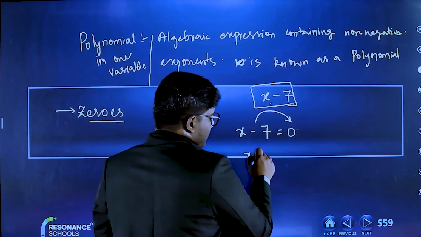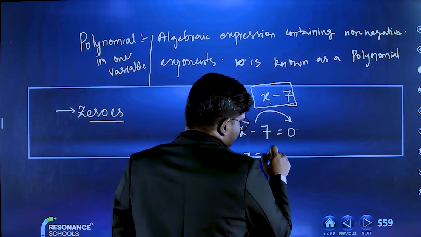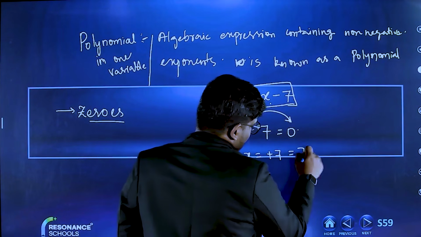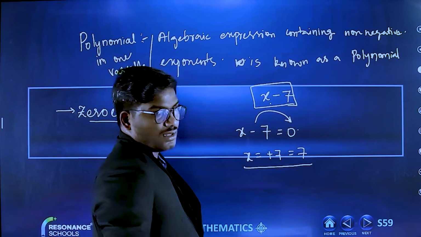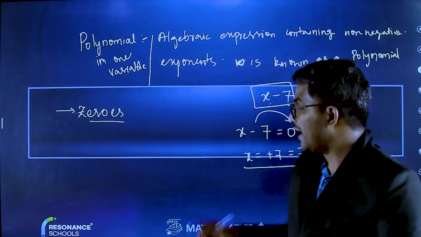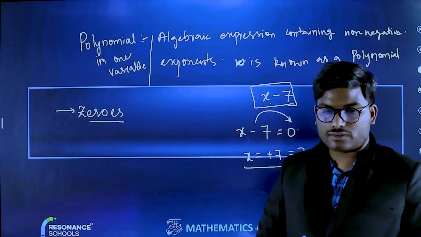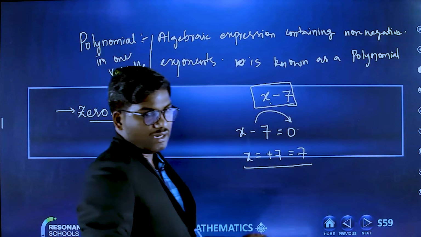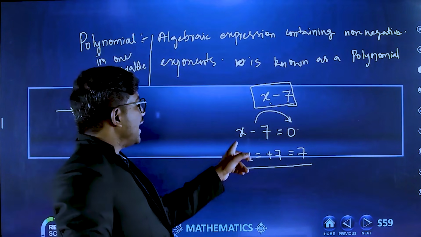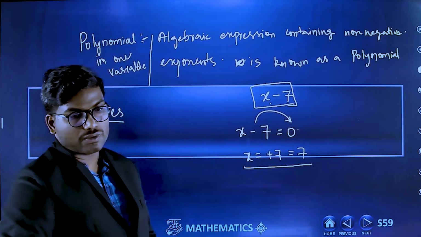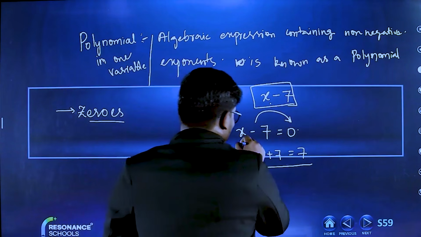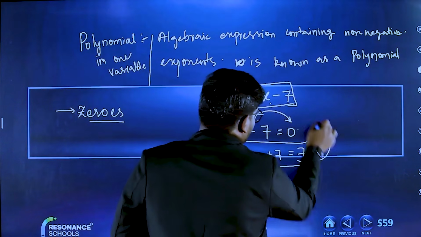Minus 7 becomes plus 7, so x will be 7. x is 7 is the value for which x minus 7 becomes 0. Now x is 7 is the zero of this polynomial.